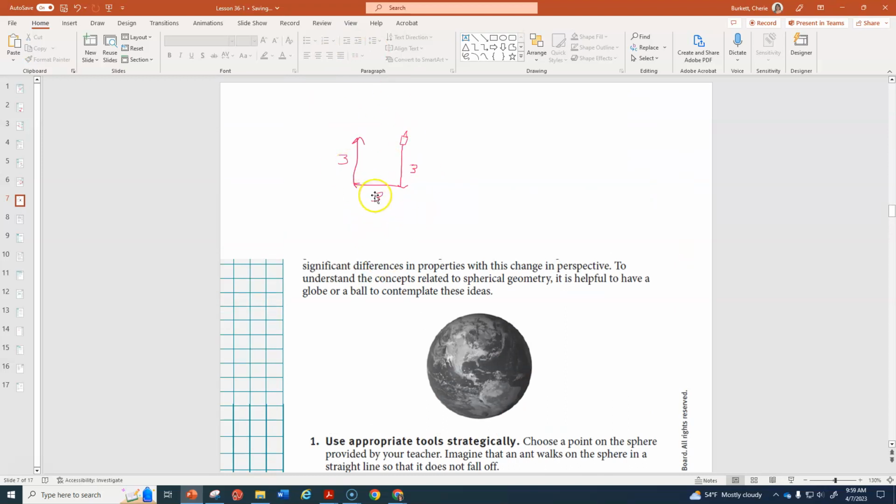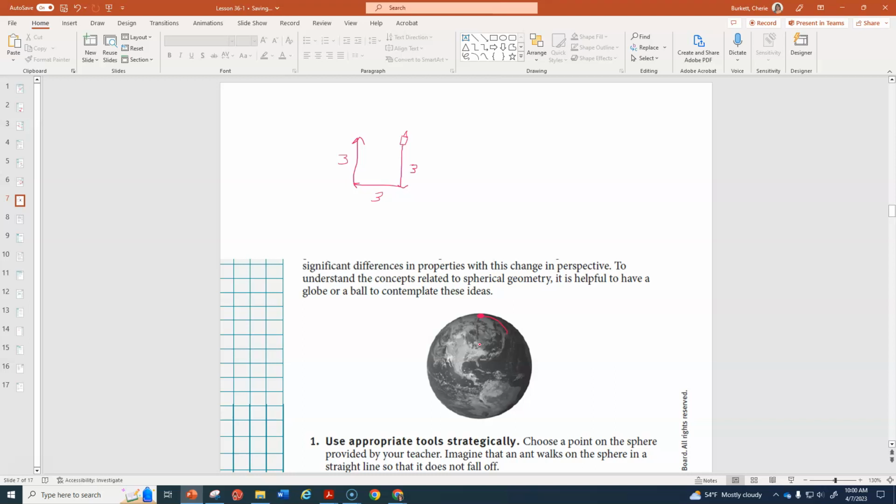Well, you draw the picture in Euclidean geometry or plane geometry, and we see that that is impossible. If I walk south and then I walk west and then I walk north, I'm going to have to walk east in order to get home. But in non-Euclidean spherical geometry, that's not the case. Let's say, just for drawing purposes, that this is my house. I'm going to walk 3 miles south.